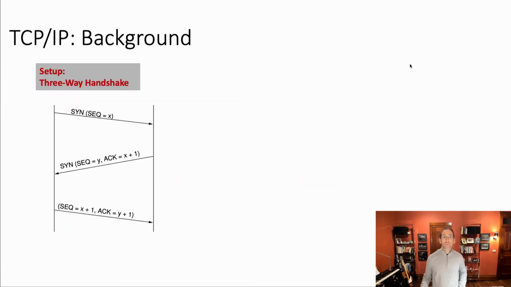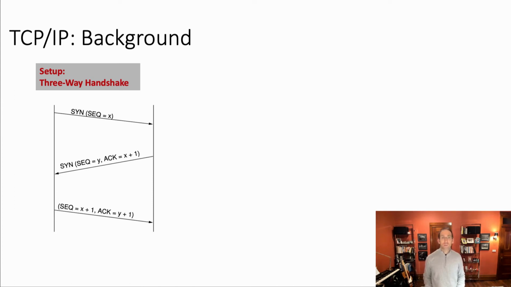The Transmission Control Protocol, or TCP, is responsible for reliable, in-order delivery of data on the internet. It has 2 main phases, the connection setup phase and the data transfer or exchange phase. The setup phase is called a three-way handshake, the process of which you can see here.